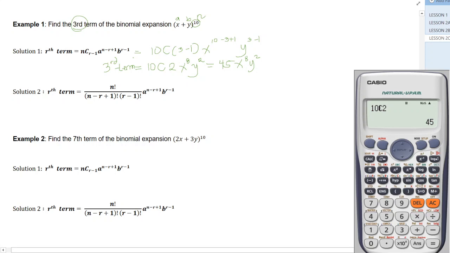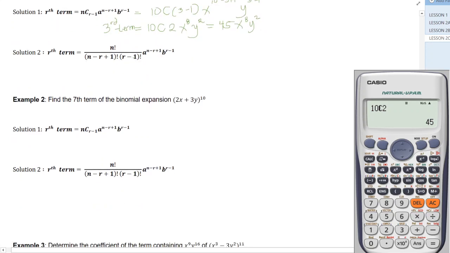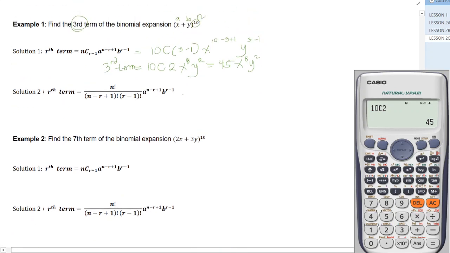We have this one, your second solution for this one, that is the n factorial, which is 10. Your 10 factorial is equal to 10 times 9 times 8 times 7 times 6 times 5 times 4 times 3 times 2 times 1.